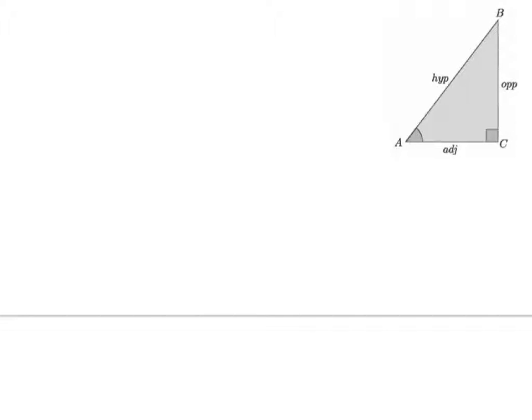So to continue on with our discussion on trigonometric ratios, sine, cosine, and tangent, as we've said, represent ratios of the sides of a triangle.